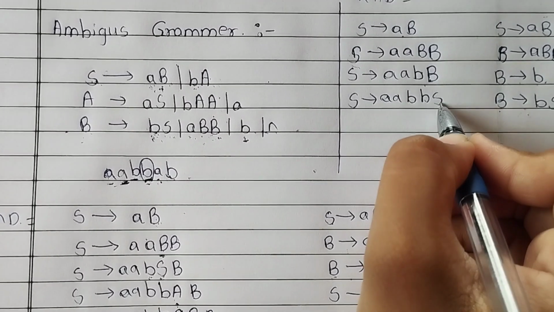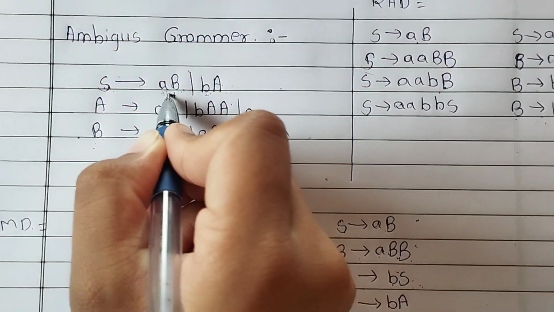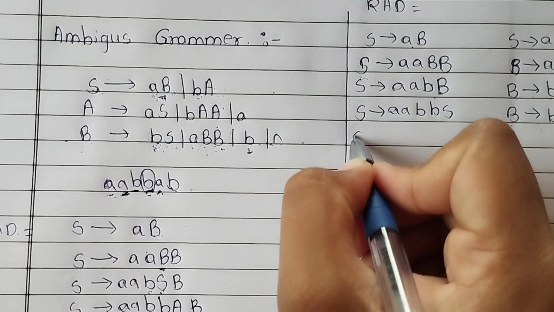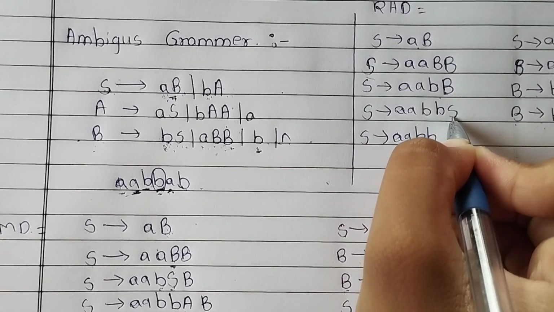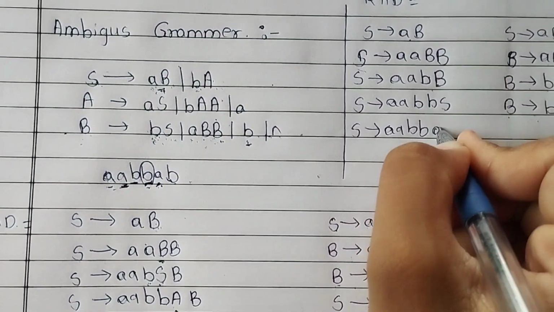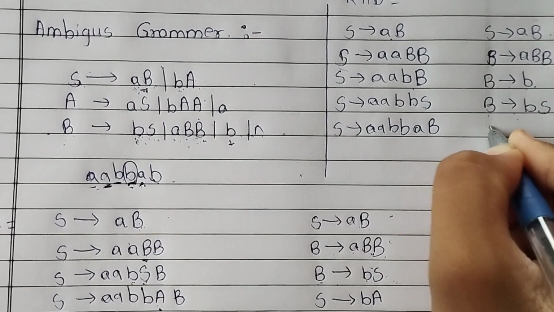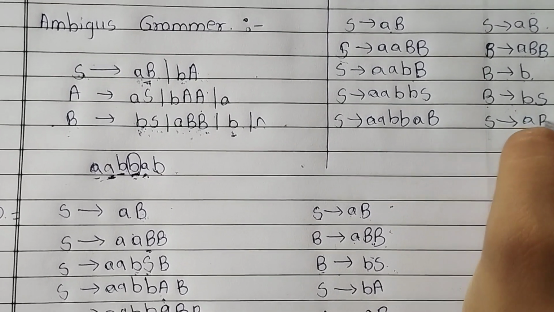Now we read this S. For this S we want A, so A is present here, so we write AABB, and for this S we write AB because we want A. So AB, where we read this S as AB.